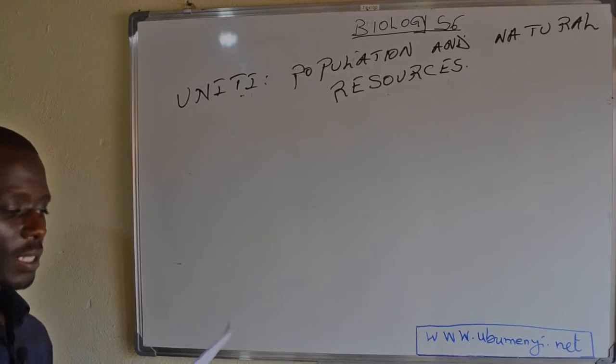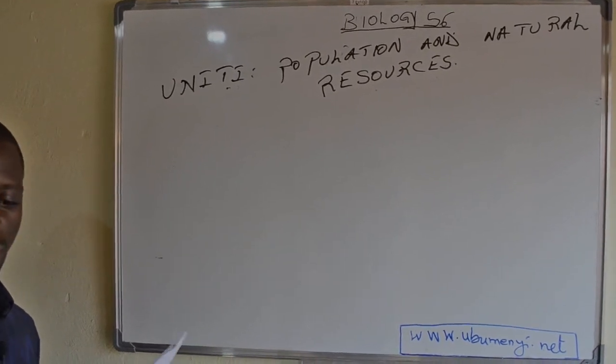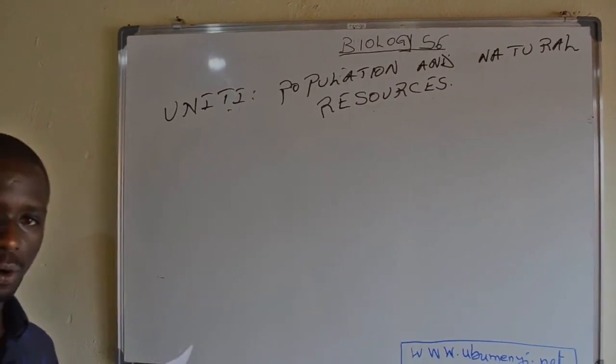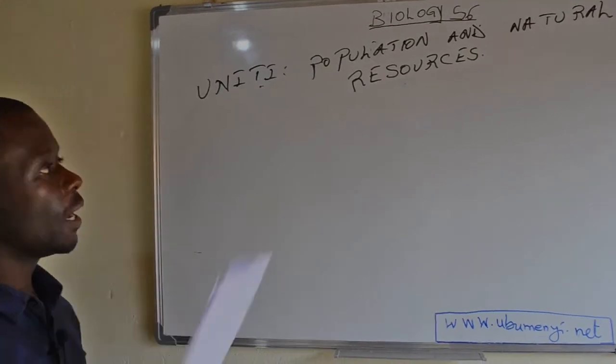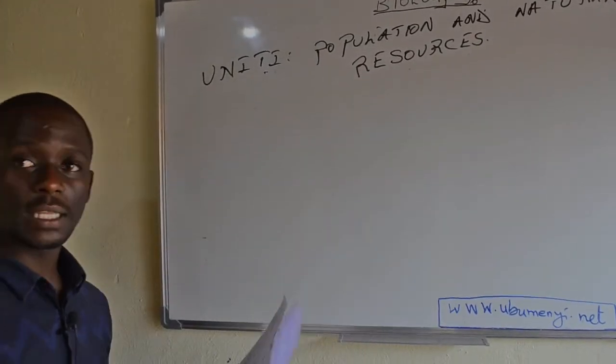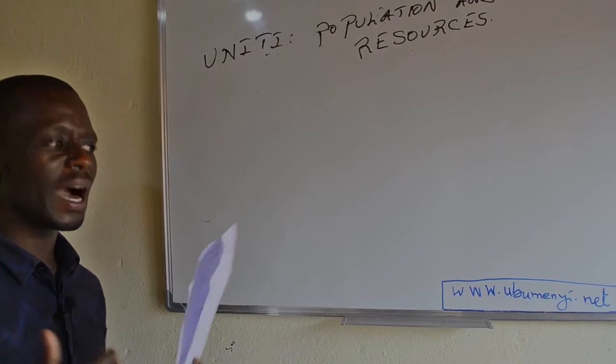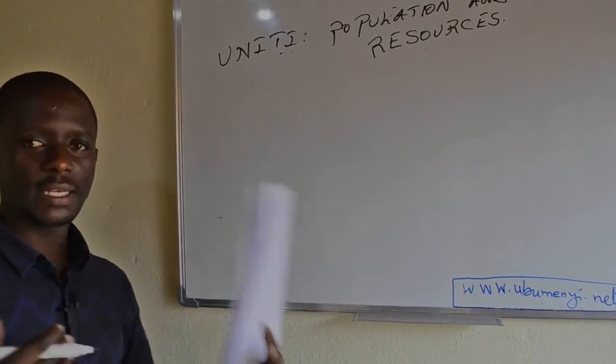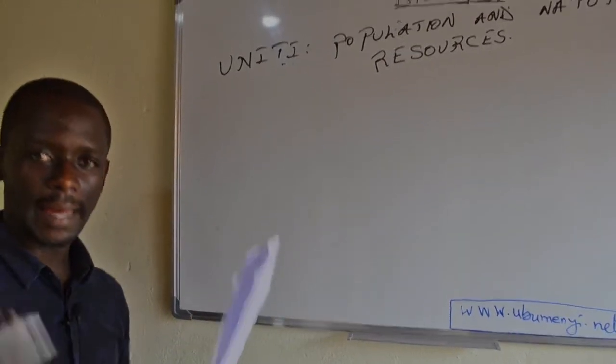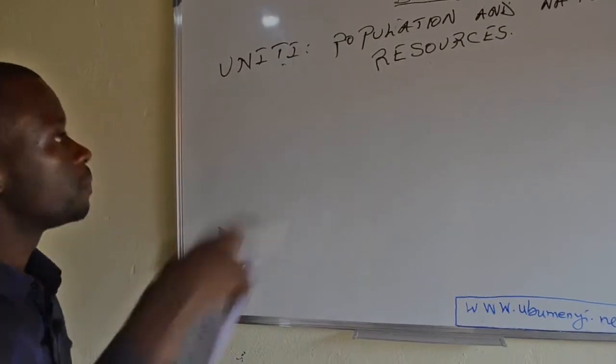Now we are going to study the methods or techniques of measuring population density, okay? How do we measure them? We studied about the population density, but we didn't see how to measure it. How can you know the population density within a certain area? Just follow, okay?